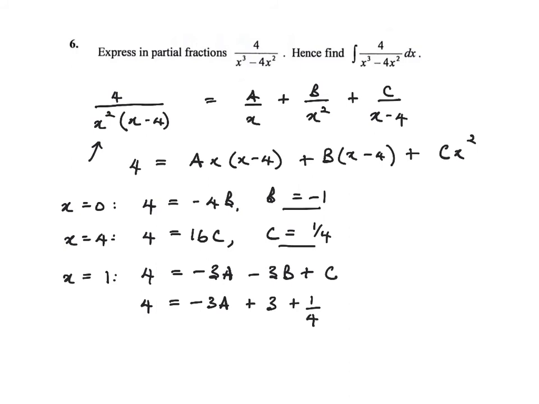So if I take the 3 and 1/4 over onto the left hand side, 4 take away 3 and 1/4 is 3/4, so 3/4 equals minus 3A, and A then is minus 1/4.